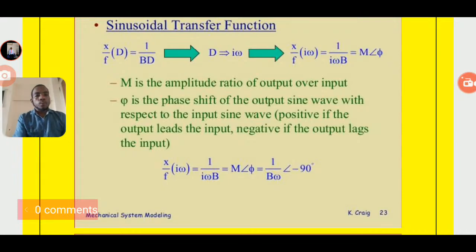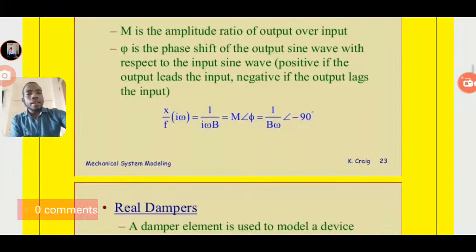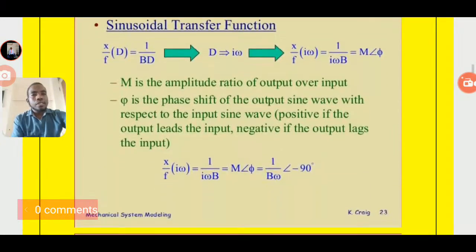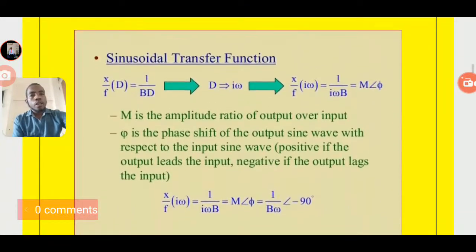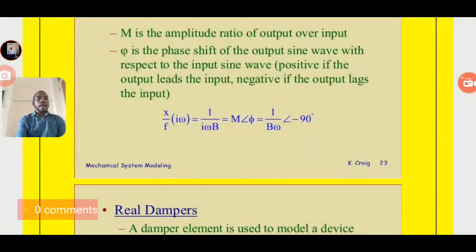Okay, so mathematically we can represent the sinusoidal transfer function as x by f into i omega is equal to 1 by i omega b, which is equal to m at angle phi.